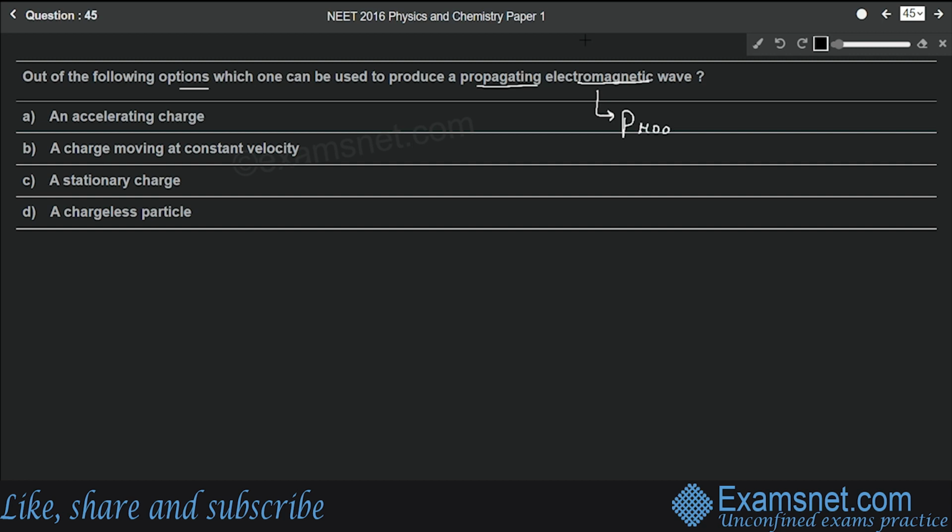It will be produced when there is a sudden change in the electric and magnetic field of a moving charge.